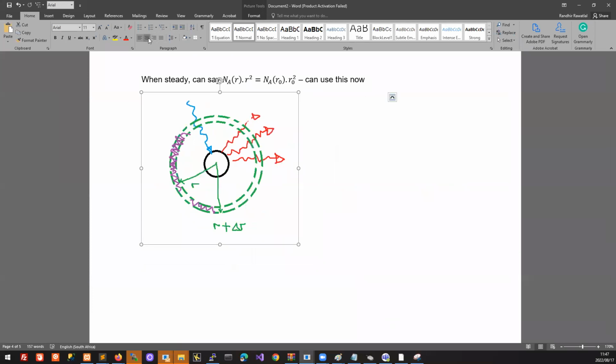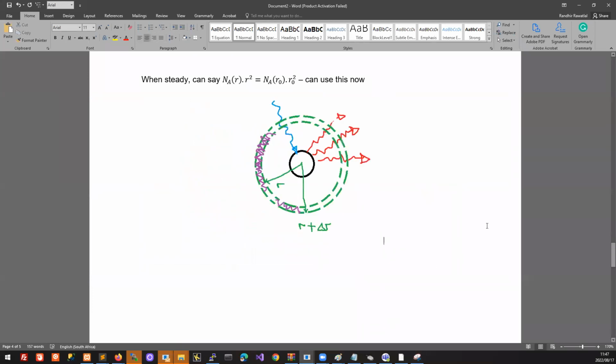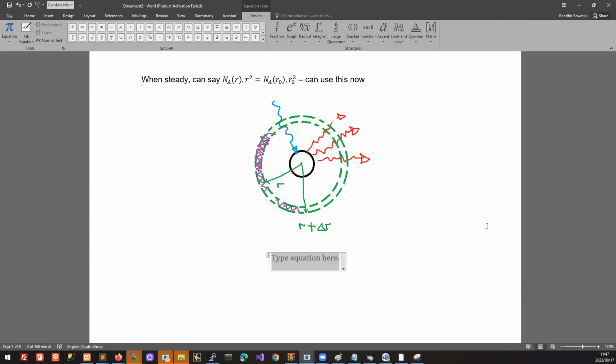That's our geometry. Then we can say we are interested in the number of moles of component A between R and R plus delta R. We can define that to be delta nA, and that's equal to the concentration of A at position R, times the volume delta V.